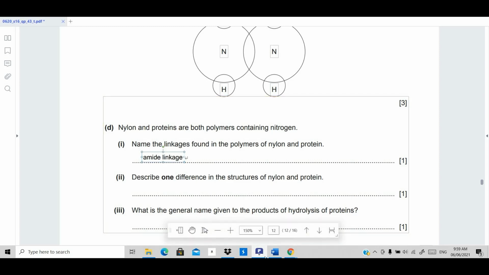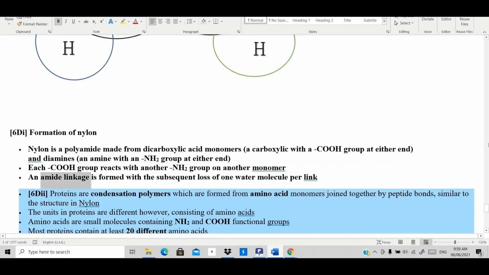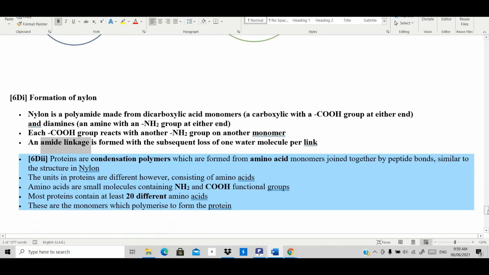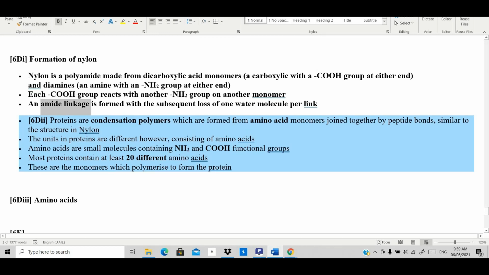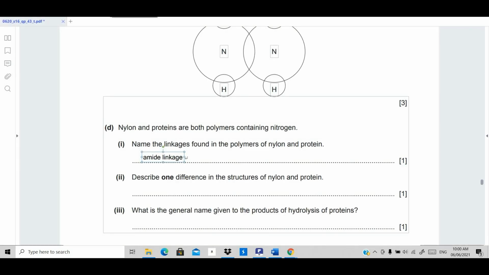Describe one difference in the structures of nylon and protein. One difference is written in my exam notes, in the topic organic chemistry, the last part, the polymers.